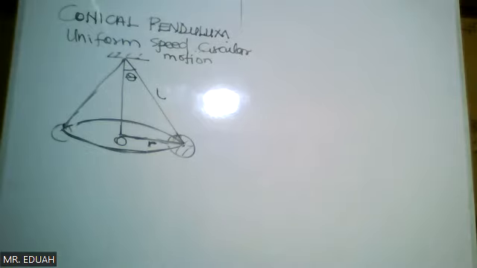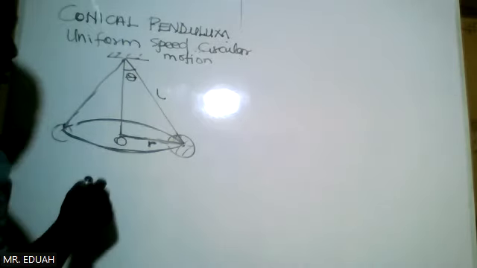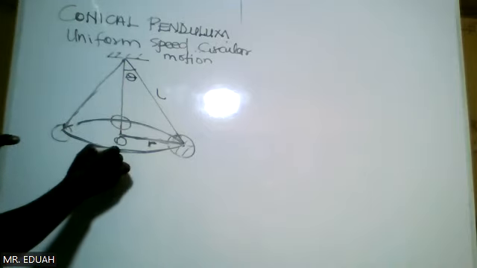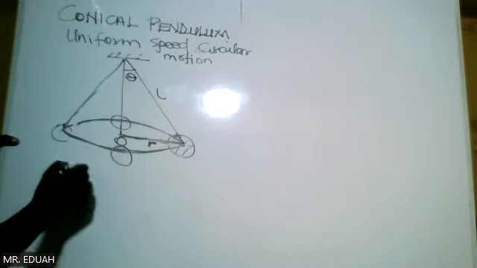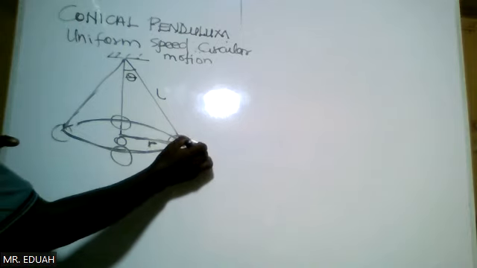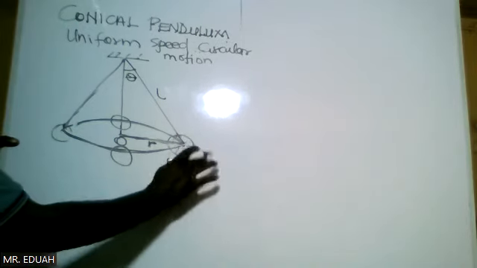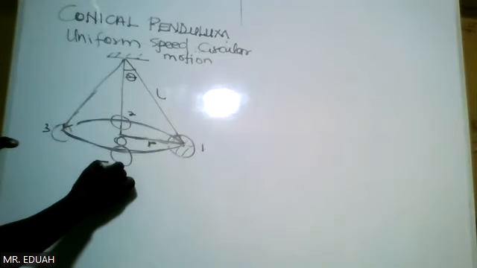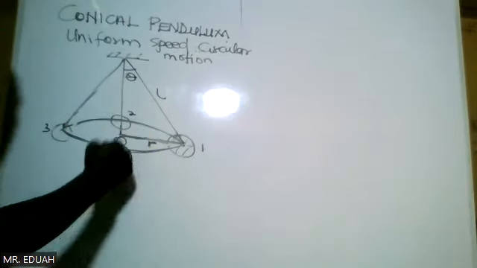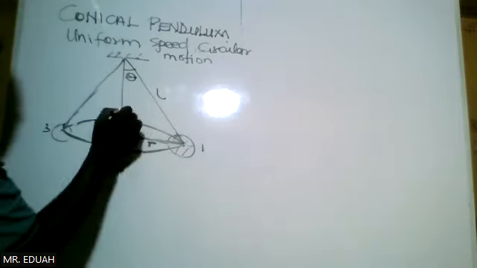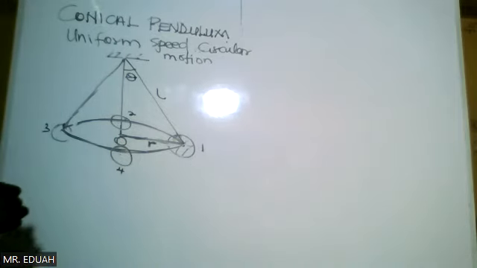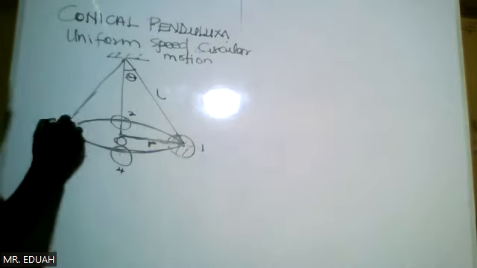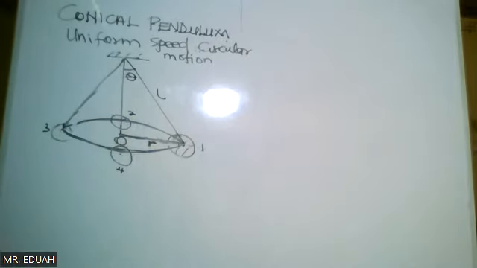Now, it is an example of uniform speed because the level of the object at every point is the same. The body can be here, can be here, can be here, and can be here. Because the level horizontally of the object at every point is the same, the effect of gravity on the mass at every point is also the same.